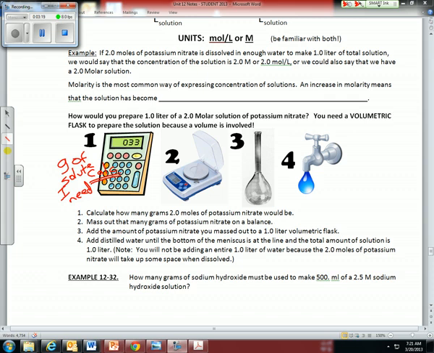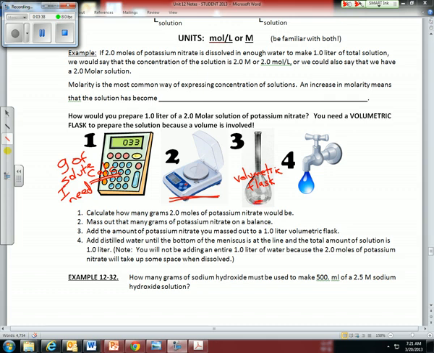Then I would use a scale to measure the mass of the solute. I would use my good friend the volumetric flask, because the volumetric flask is a precise way for making solutions. It is the best way.